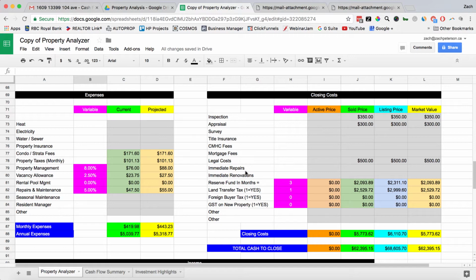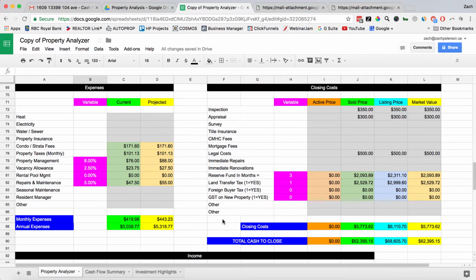So if you've got to redo the floors, paint the walls, renovate the bathroom, include that into your closing costs here. Then we got reserve fund, we talked about that earlier, land transfer tax, foreign buyer tax, GST, and any other expenses that you might have to close on this property.